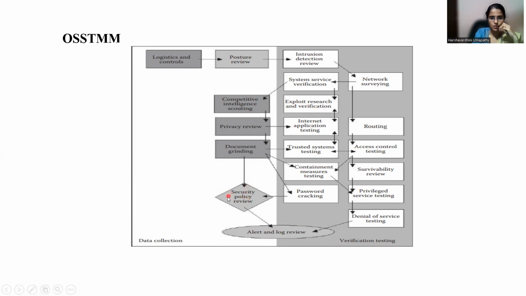The security policy review consists of multiple steps, and finally all those are enhanced into a single one, which we call the alert and log review. So this is the OSSTMM. This manual consists of all the necessary steps involved in ethical hacking and penetration testing systems.